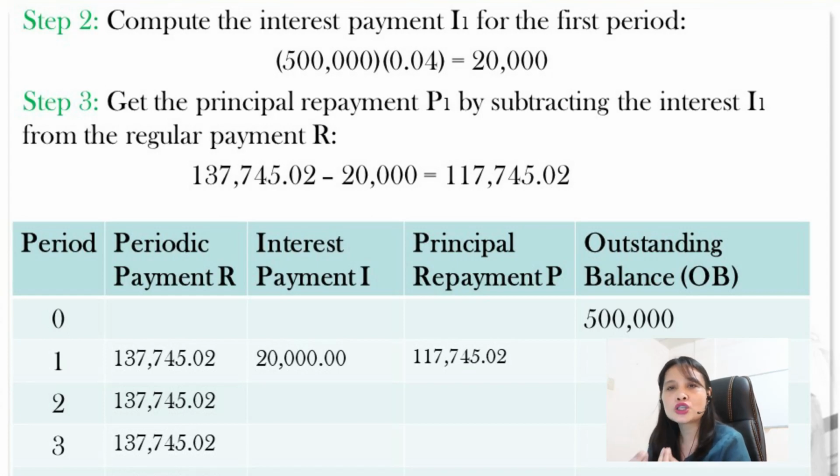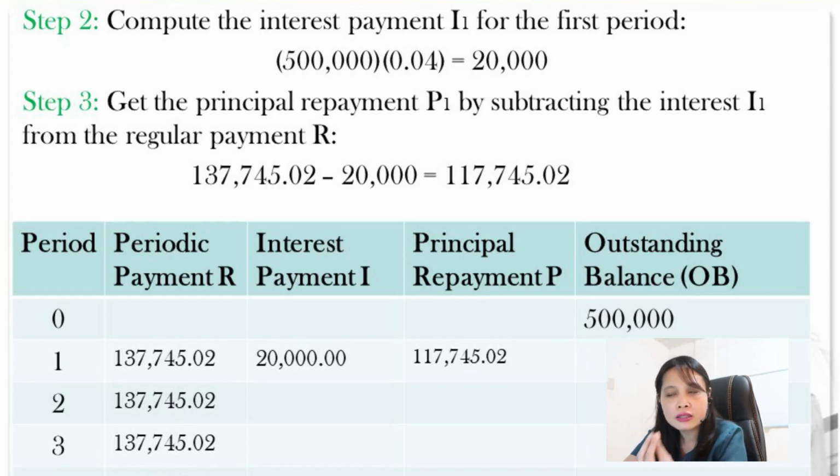Next, how do we solve for the interest payment? Yung third column. To solve for the interest payment, what is your I? What's your periodic rate? Your periodic rate is 0.04, right?